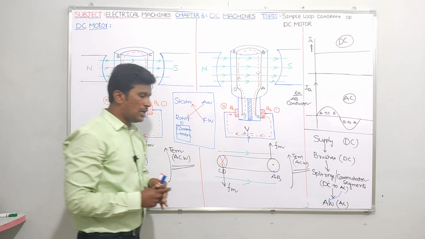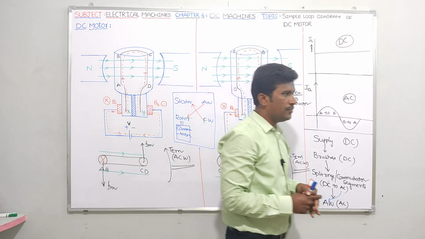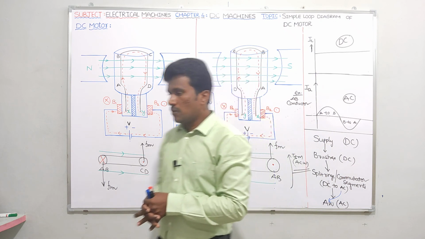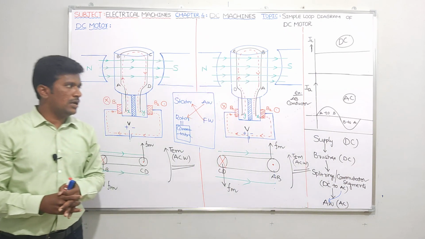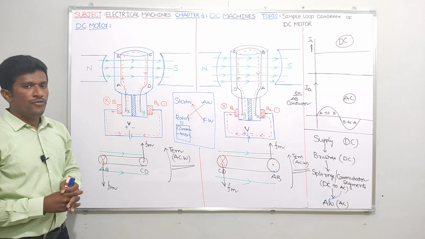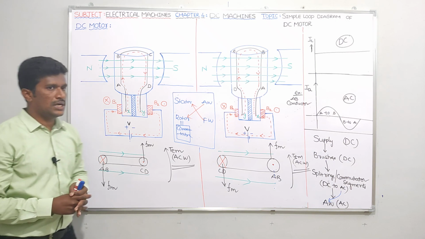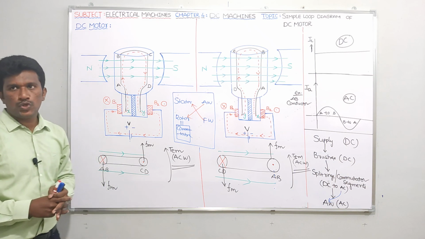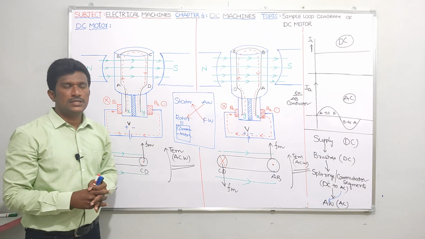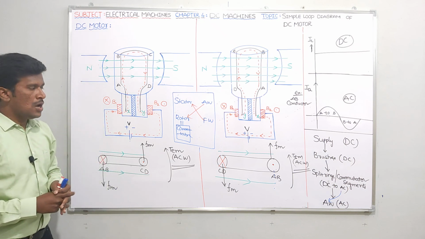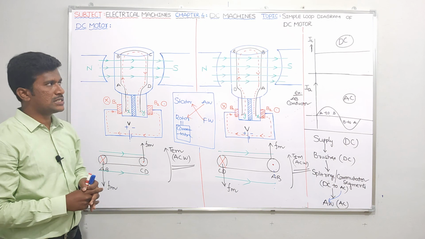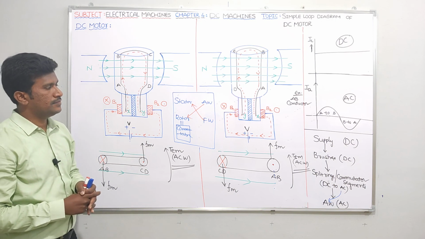In a DC machine, armature winding should be placed on the rotor. Field winding should be placed on the stator. Otherwise, commutation action will fail.